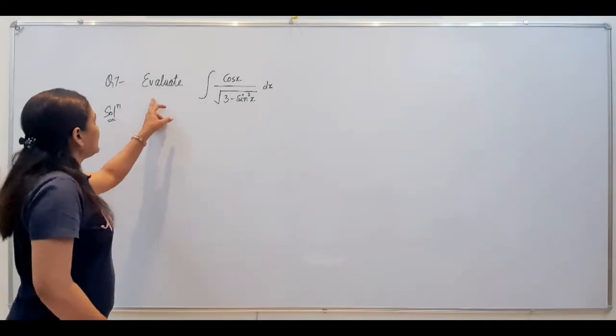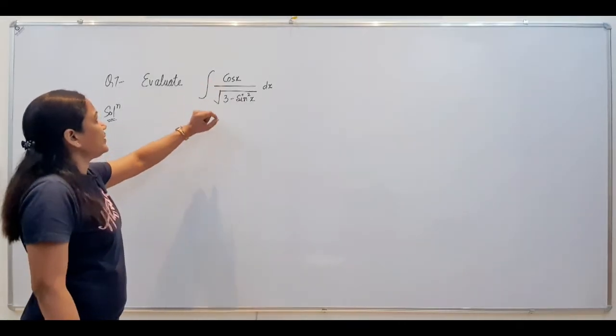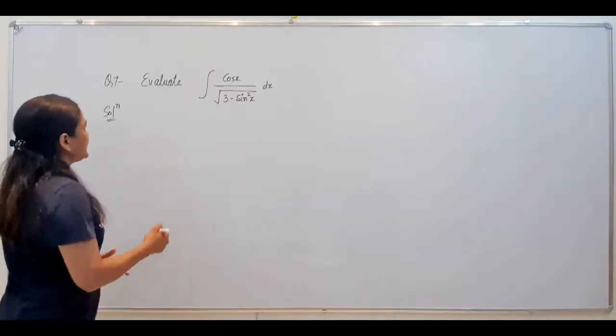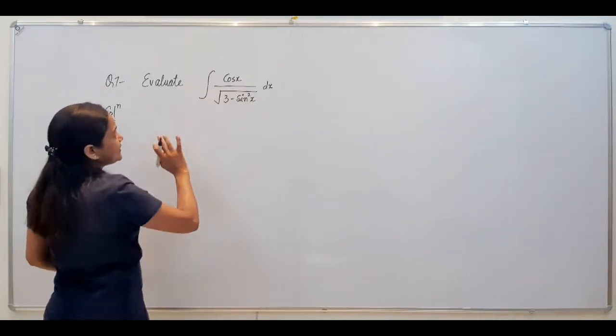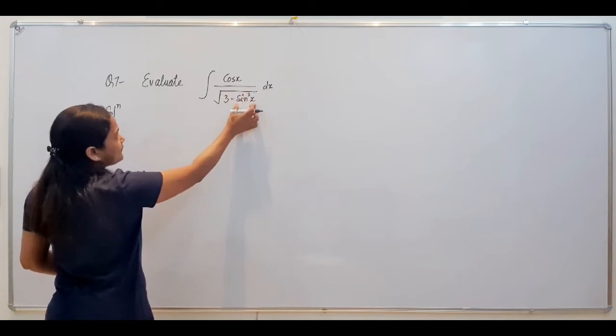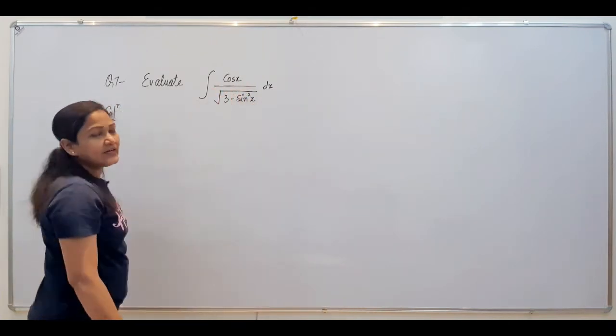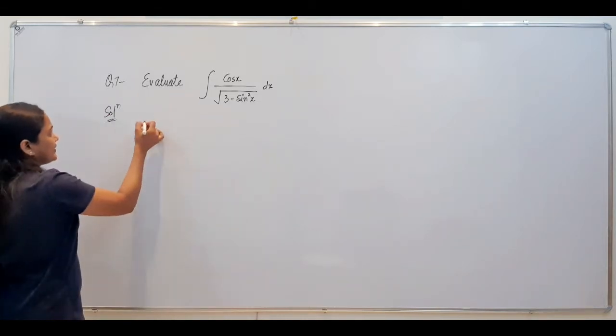Now the optional part of question 7 is you have to evaluate the integral of cos x upon root of 3 minus sin square x. So you can integrate this quite easily, because if you are going to substitute sin x as t, the derivative of sin x is written here.